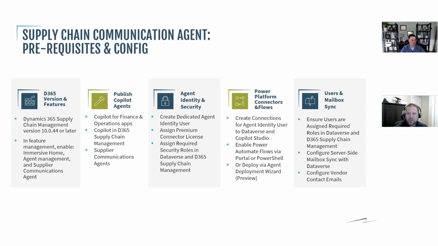The agents need their own licensing and security, although the user's security flows through when users are actually using the agents. Then you need to set up the connections in the Power Platform so that the agent can talk to finance and supply chain. And finally, you need to set up and synchronize the user's mailbox so that the email features can be used.